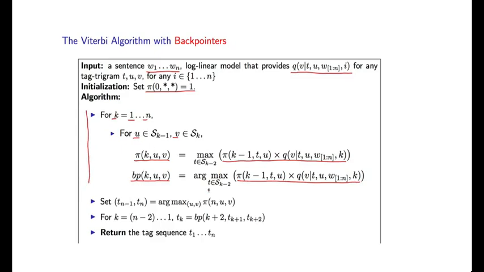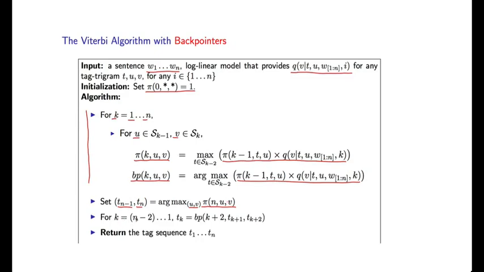Once I've completed these steps, I can then find the highest scoring tag sequence by following the back pointers backwards through the sequence. So I firstly set t_{n-1} and t_n to be the u,v pair that maximizes pi_n(u,v).